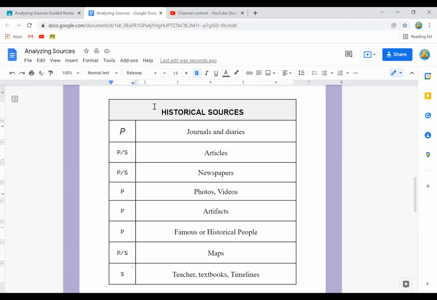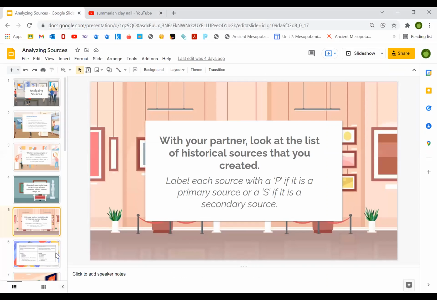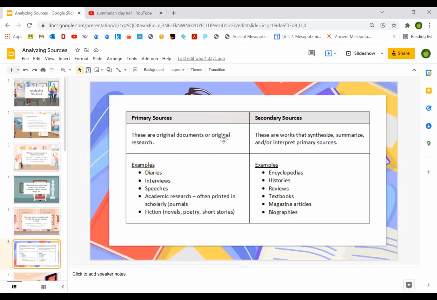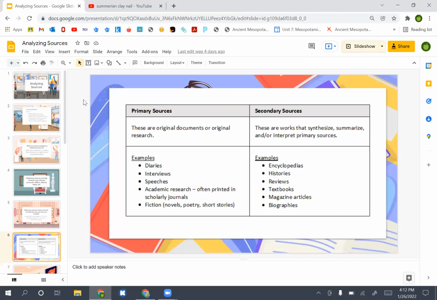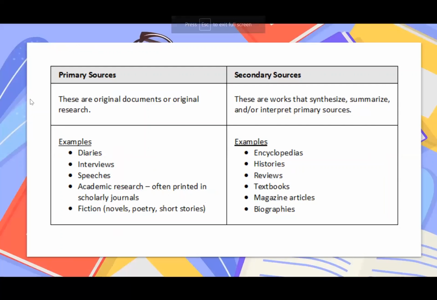Okay, so let's go back to the slides. So we reviewed that together as a class, and I showed everyone examples and the definitions. So primary sources, these are original documents or original research. We've got some examples here. Secondary sources, these are works that synthesize, summarize, or interpret primary sources.